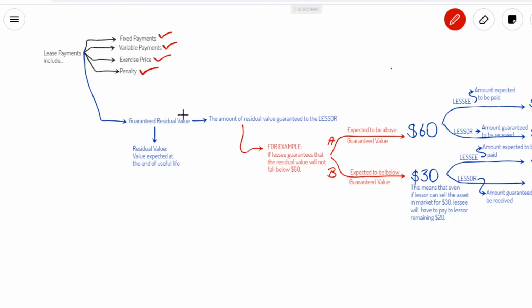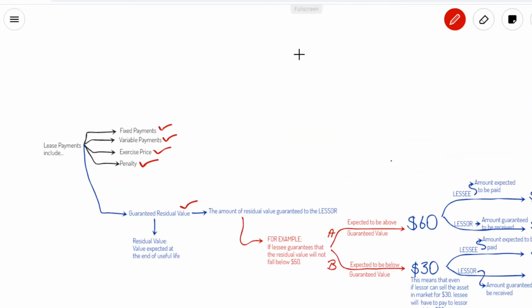And lastly, we have the residual value guarantee. For the lessee, it is the amount that the lessee is expected to pay at the end of the lease term in respect of the guarantee. And in case of the lessor, it is the amount that the lessor has been guaranteed by someone else, by an unrelated party.